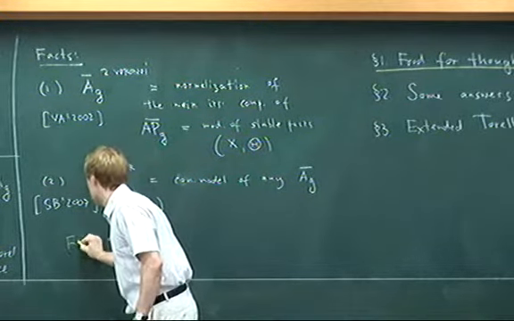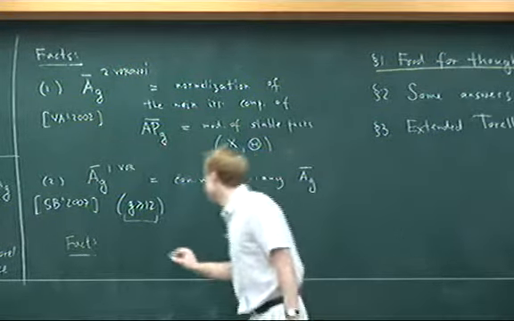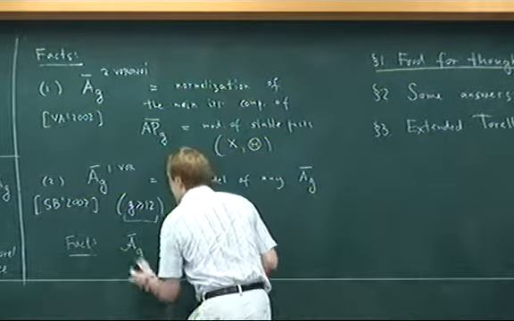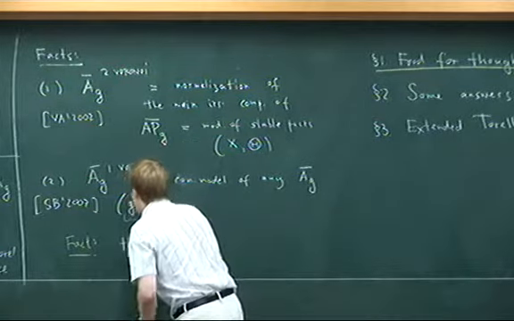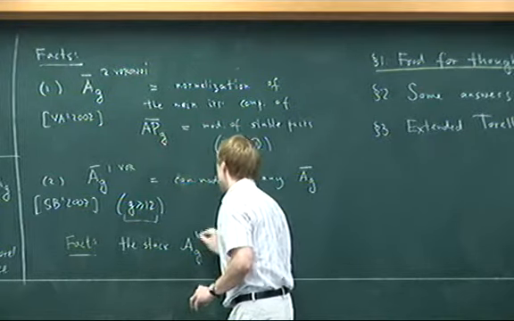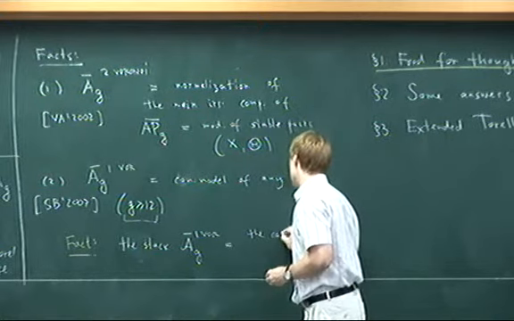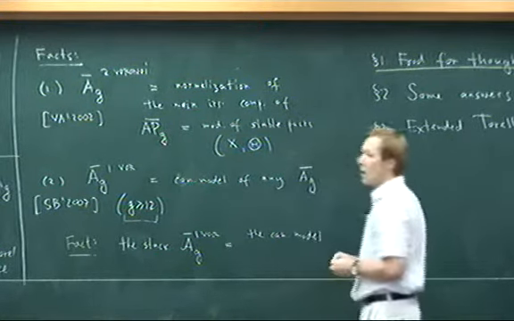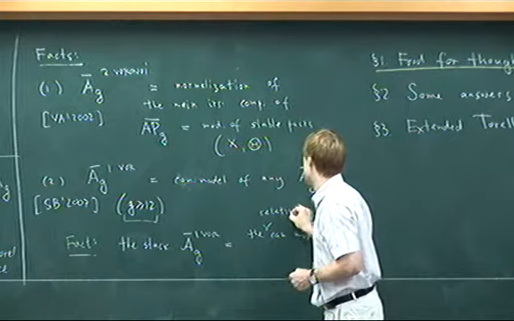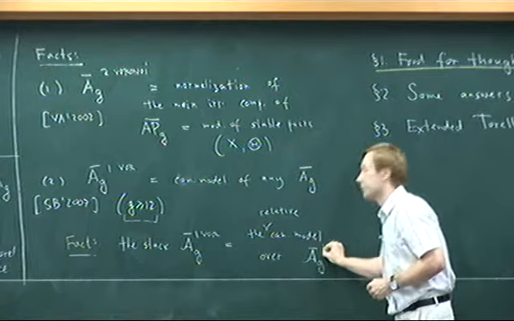If you look in the sense of stacks, the stack for the first Voronoi compactification is the relative canonical model over the Satake compactification.